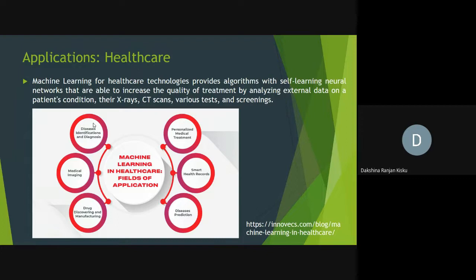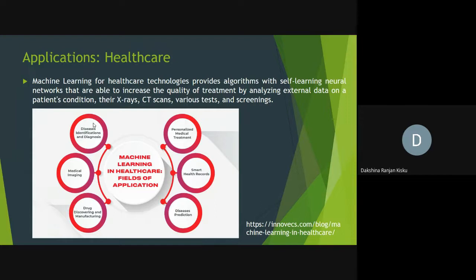It is able to increase the quality of treatment by analyzing external data. Basically, these algorithms analyze external data on patient condition, on X-rays, on CT scans, and on various tests and screenings.